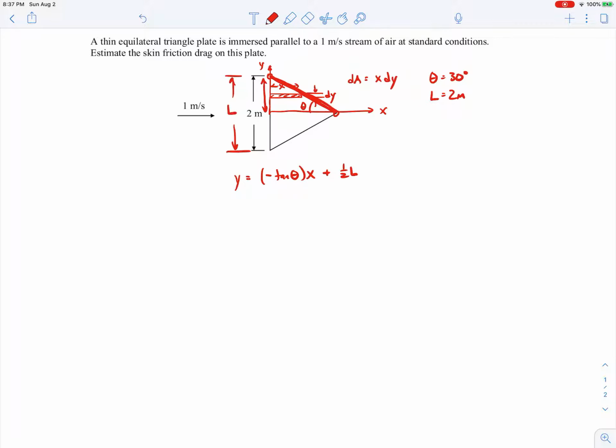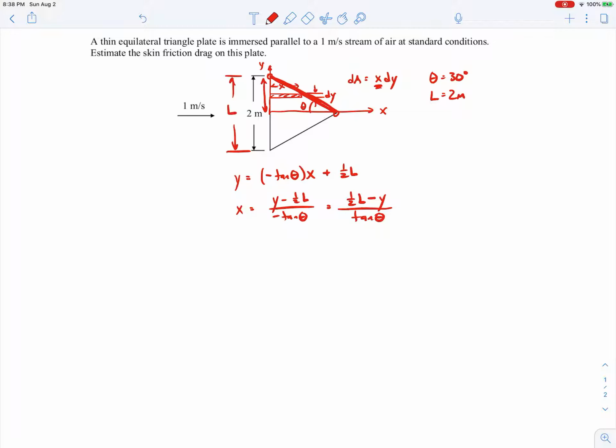Since I'm trying to find the area, and ultimately I'm going to have to integrate with respect to y, it's best to rearrange this equation so I have x in terms of y. So this will be y minus 1/2 L divided by minus tangent of theta, or 1/2 L minus y all over tangent of theta.